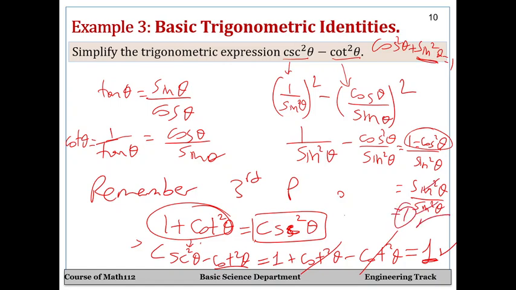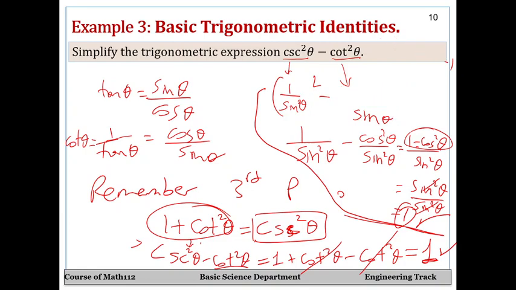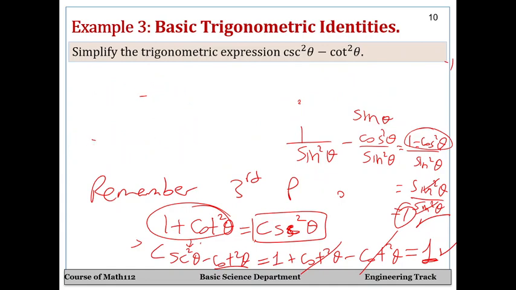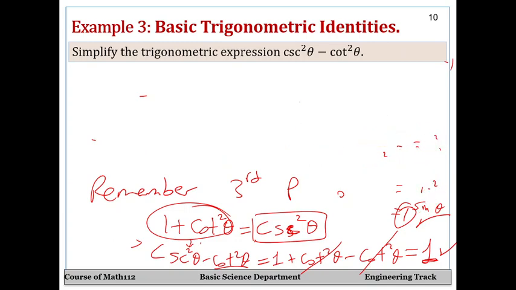Usually there are 2 ways of solving it, so you can use different identities. It depends on your experience and knowledge about the topic. So if you have enough experience, you can directly say, hey, we know some identity involving cosecant squared and cotangent squared. Or you can go the other way.